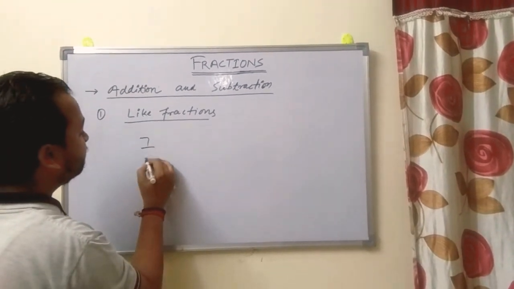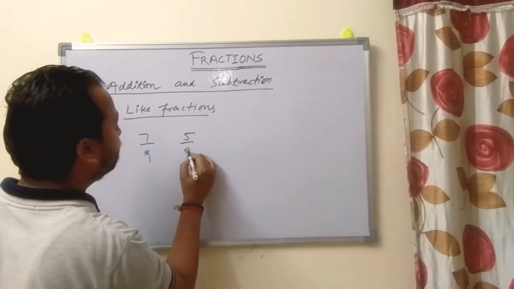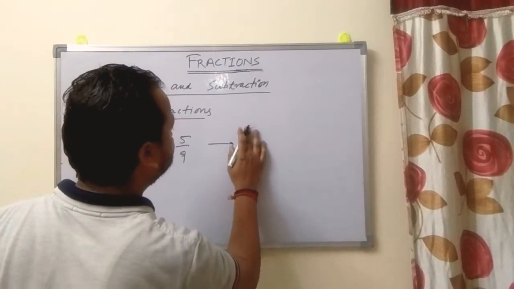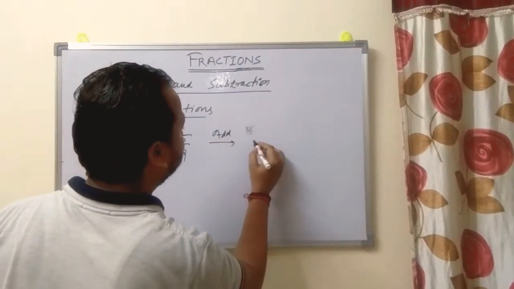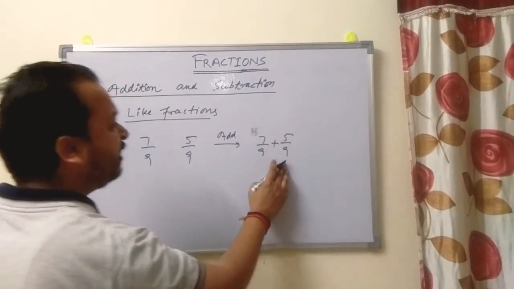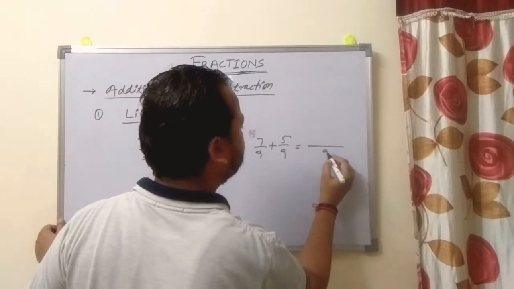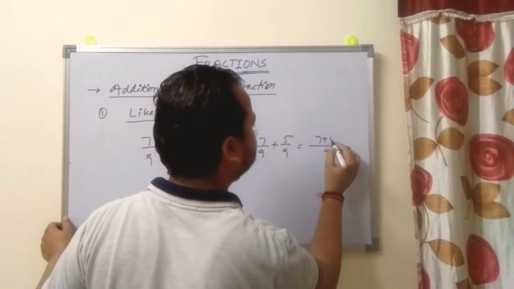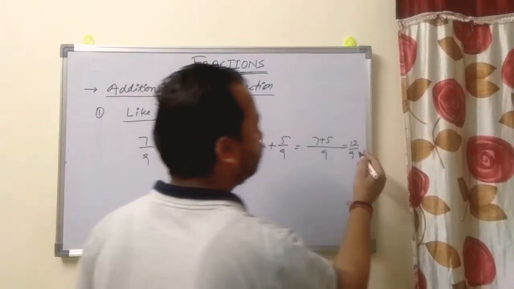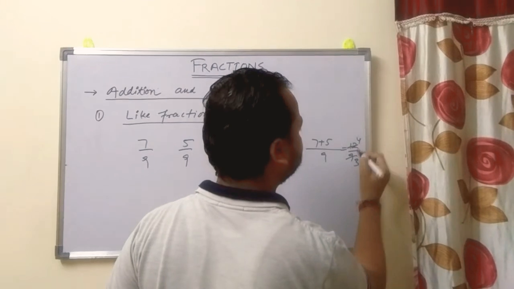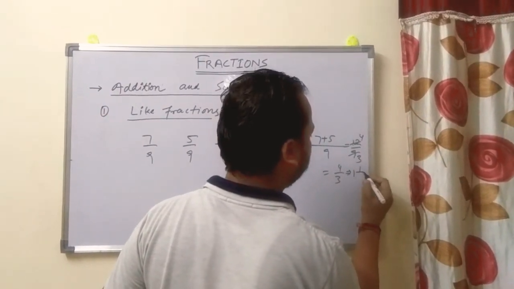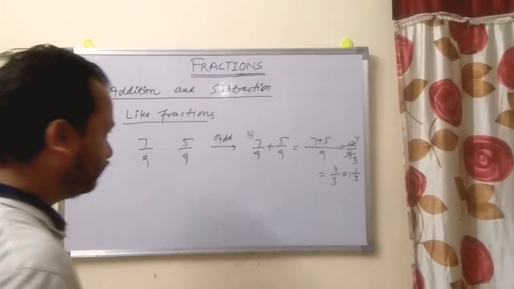If it is given as 7 by 9 and 5 by 9 and we have to add them, what do we do? 7 by 9 plus 5 by 9, denominators are the same, so 9, and 7 plus 5 is 12 by 9. You can also reduce it: 3 threes are 9, 3 fours are 12, so 4 by 3, and you can also write it as 1 whole 1 by 3.